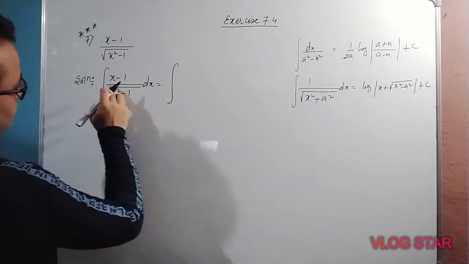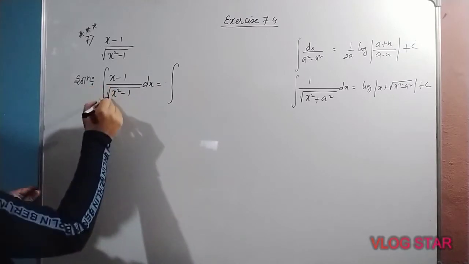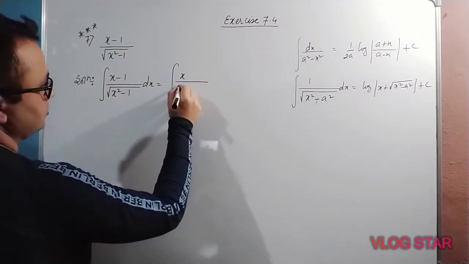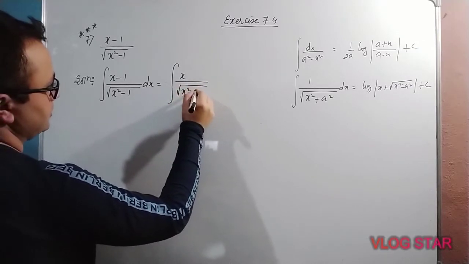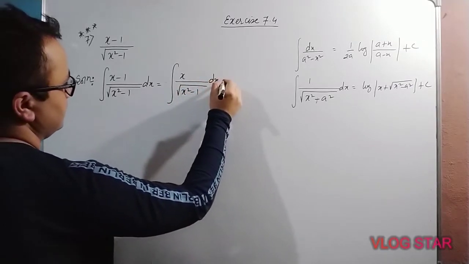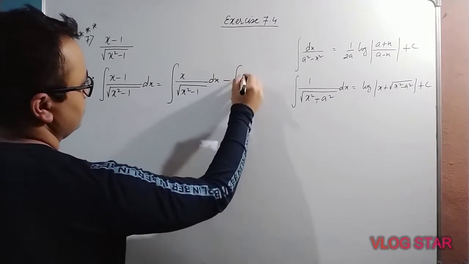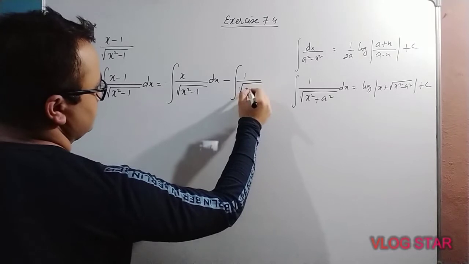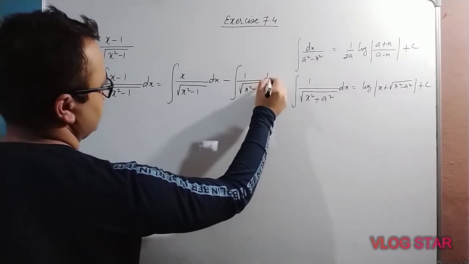Now we can separate it: integration of x by root under x square minus 1 dx, minus integration of 1 by root under x square minus 1 dx.